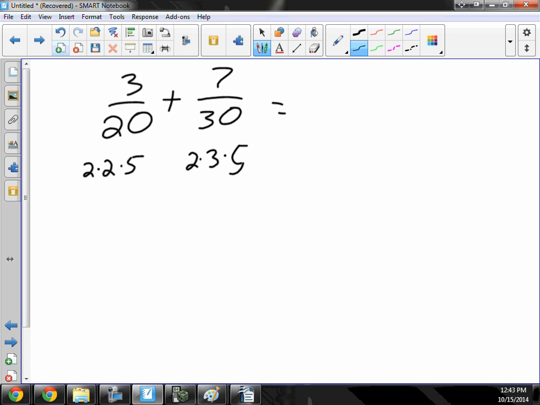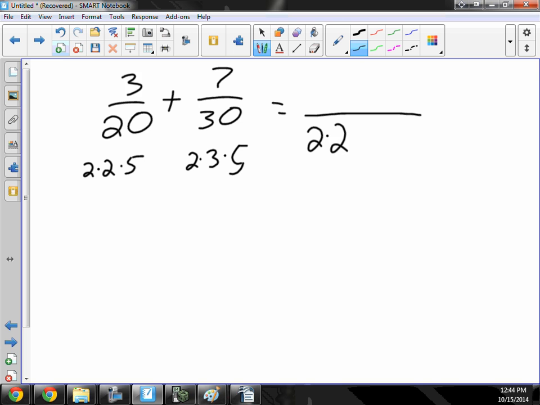You agree? So my common denominator needs to have every number you see there, and it also has to have the greatest multiplicity of every number. So how many 2's go in my common denominator? 2. Could I put 3 if I wanted? Yeah, but then in the end you're going to have to simplify it anyway, so we're not going to.